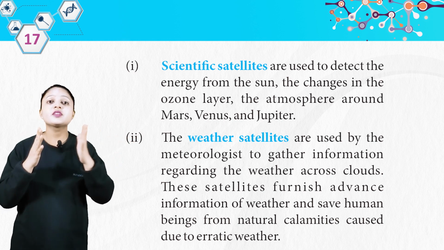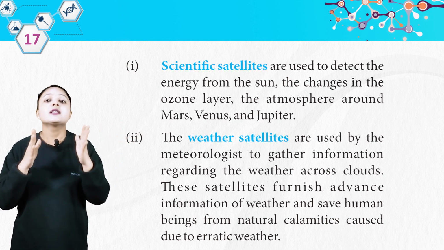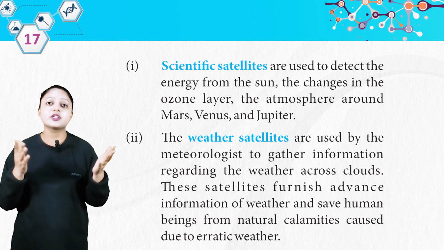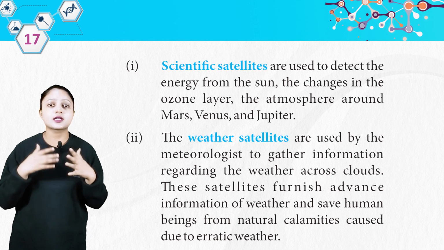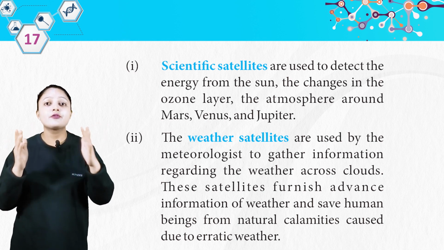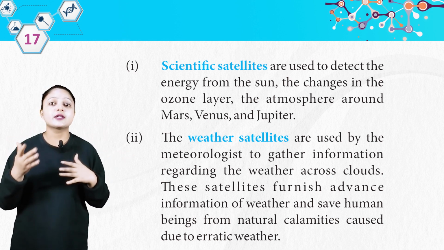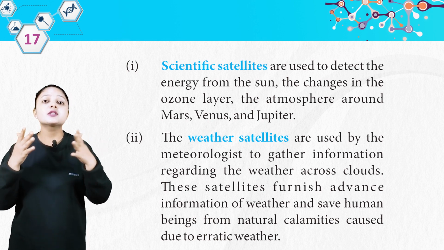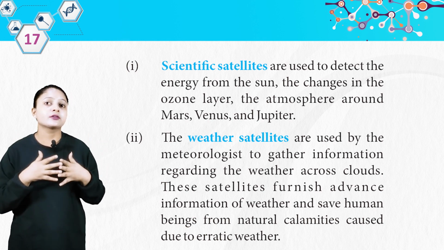Second, the weather satellites. They are used by meteorologists to gather information regarding the weather across clouds. These satellites furnish advanced information of weather and save human beings from natural calamities caused due to erratic weather.